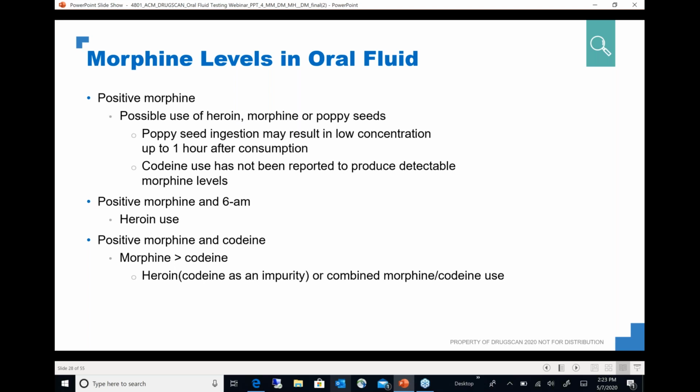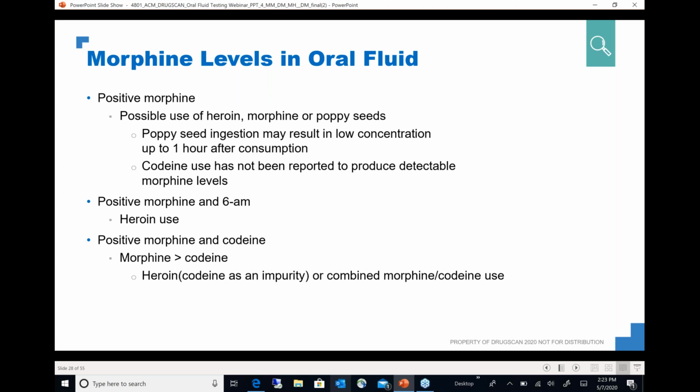Poppy seed ingestion may result in low concentrations up to 1 hour after the consumption of poppy seed containing products. Codeine use has not been reported to produce detectable morphine levels other than very low. Again, this is the indication of the codeine being metabolized, the morphine being highly protein bound.